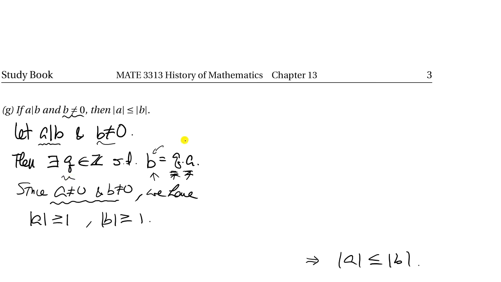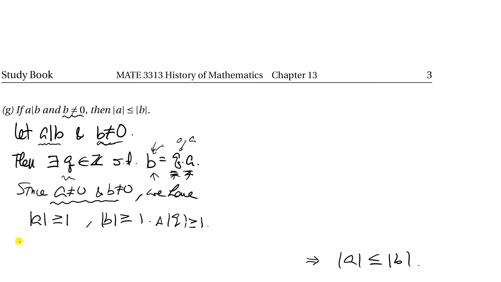Q can be negative, of course, but what happens if Q equals 0? Then 0 times A becomes some number which is not 0. No way, right? Which means what? Q cannot be 0, right? So the absolute value of Q must also be greater than or equal to 1, right? Altogether, the absolute value of Q must be greater than or equal to 1.